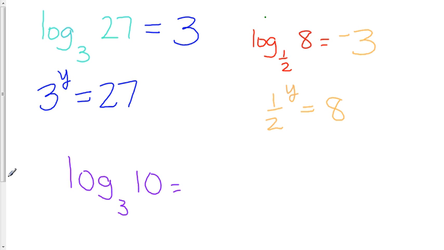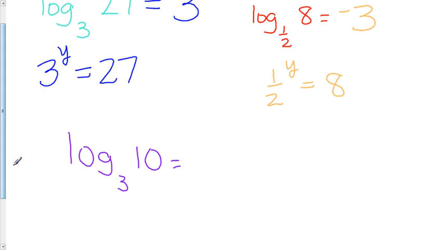Then our last example here will be log base 3 of 10. That is saying 3 to what power is 10. Now for this one, unlike these two where you should be able to figure these out without the use of any technology and just using your brain, this one would require some work with the calculator to get to.